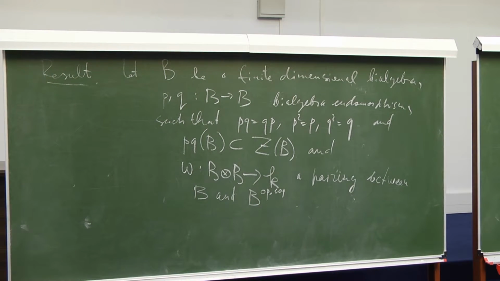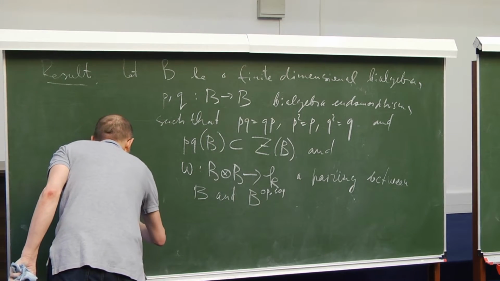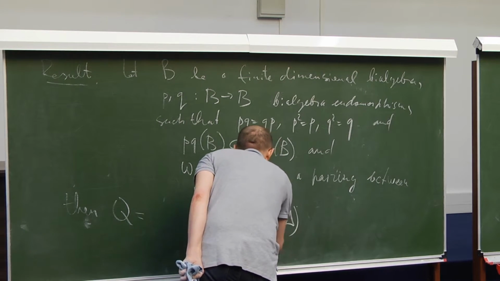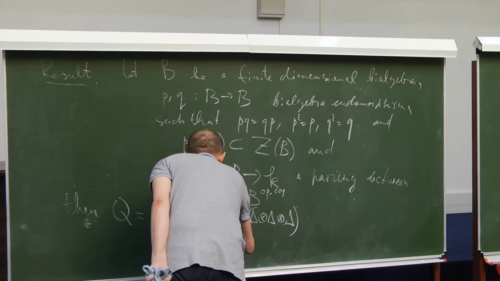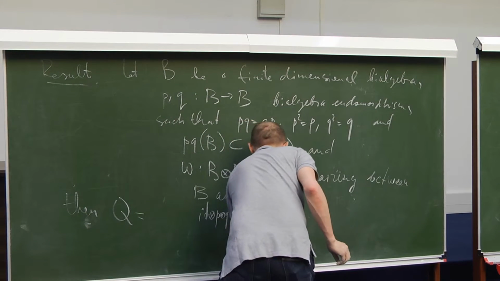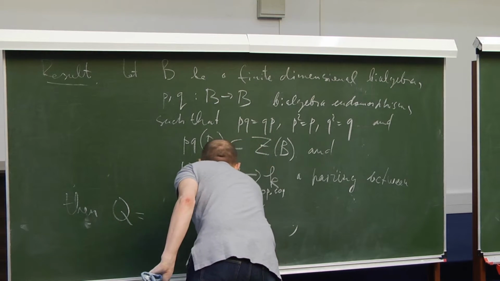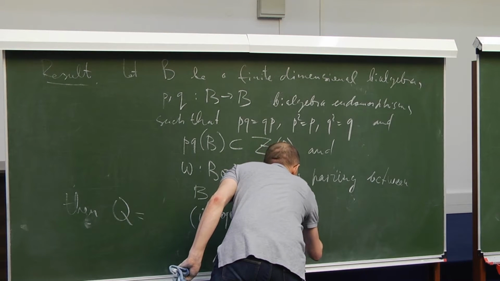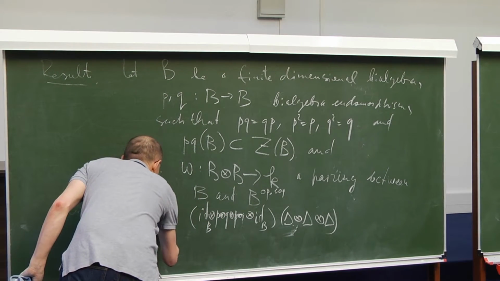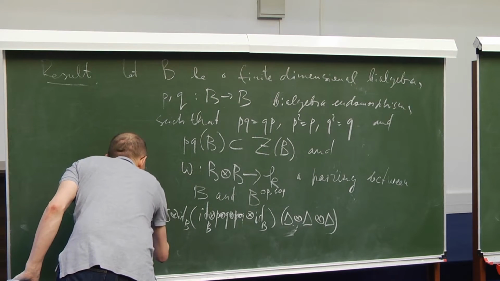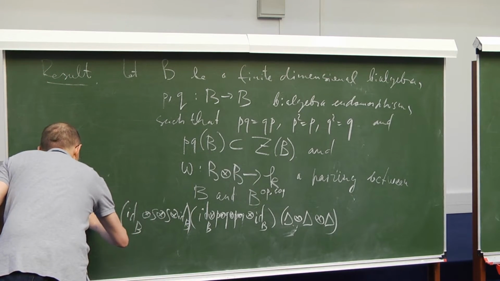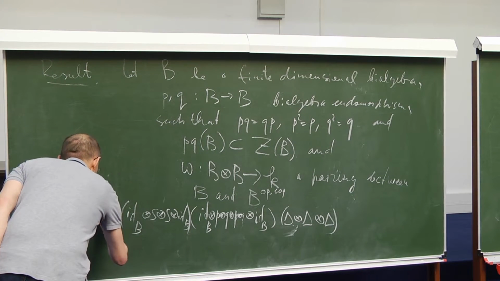Then Q is a map defined in the following way: delta tensor delta tensor delta, composed with identity tensor P tensor Q tensor P tensor Q tensor identity in B, then delta tensor delta tensor delta, then S tensor identity in B tensor identity in B, and then the product mu tensor omega tensor mu.